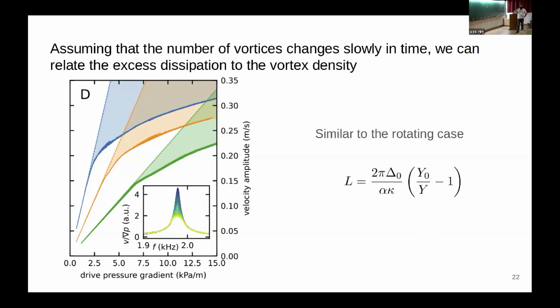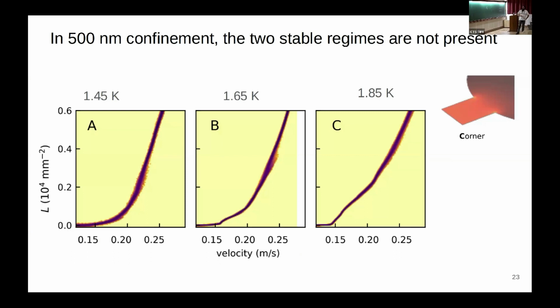All right, and similar to the rotating case, we can relate this excess dissipation, which is the shaded area here, to the number of vortices in the flow, which is how I'm going to present the next few results. So looking again at the most basic flow, I show it for three temperatures, 1.85 K, 1.65 K, 1.45 K, where on the y-axis there's the number of vortices per millimeter squared.